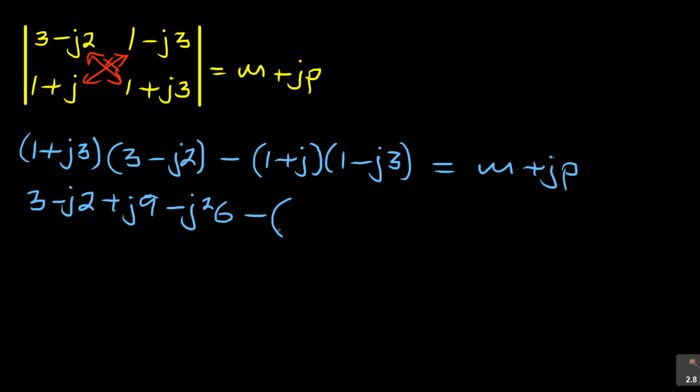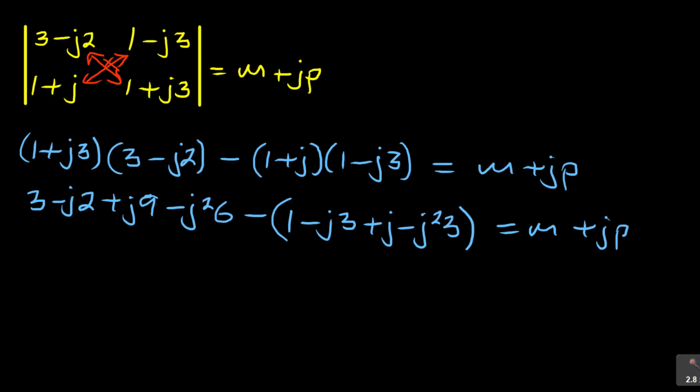Minus, put a bracket because of that minus while you're expanding, because it affects everything inside. 1 times 1 is 1. 1 times negative j3 is negative j3. j times 1 is plus j. j times negative j3 is minus j squared 3. This is clear to say it's j squared 3. And then close the bracket. This will be equal to M plus jP.